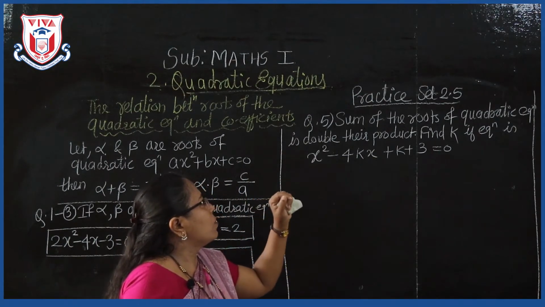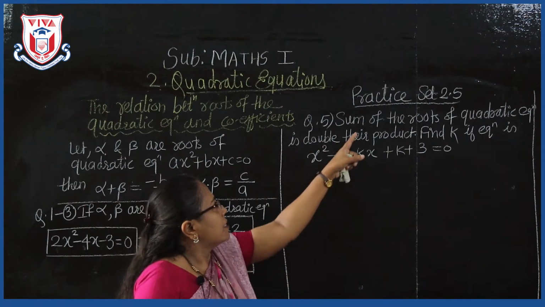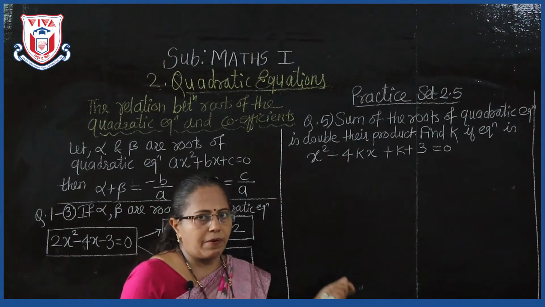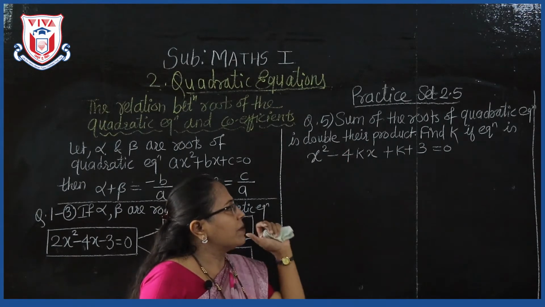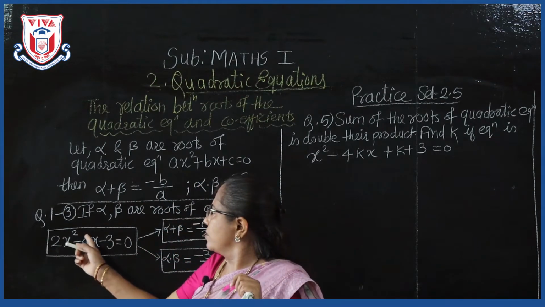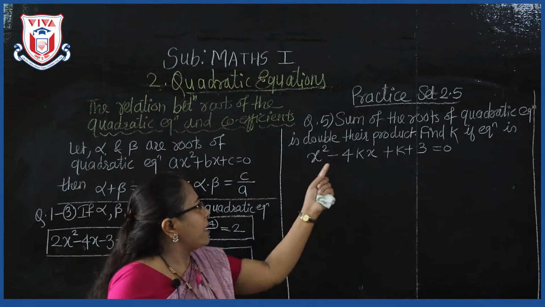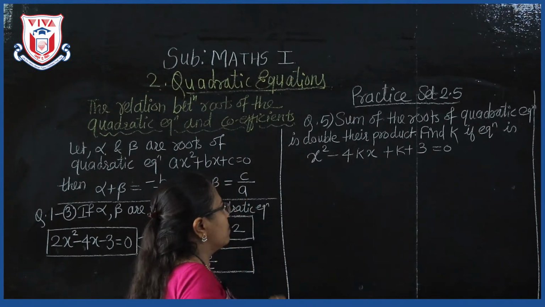Here we have to use the relation between roots and coefficients. Sum of roots means we have to find alpha plus beta, and product means we have to find alpha into beta. To find those values, we require the values of A, B and C, so let's first find them.